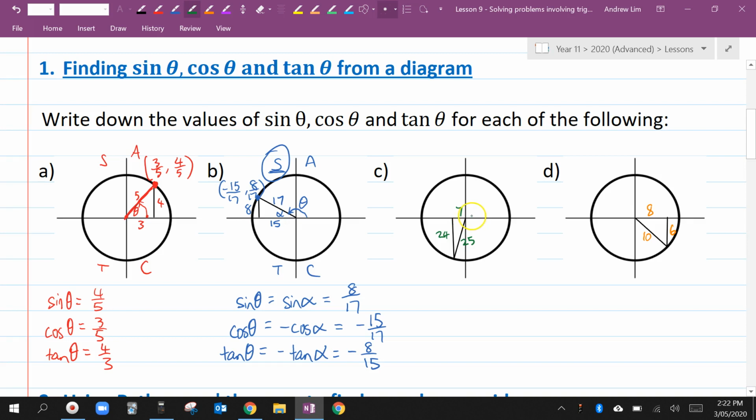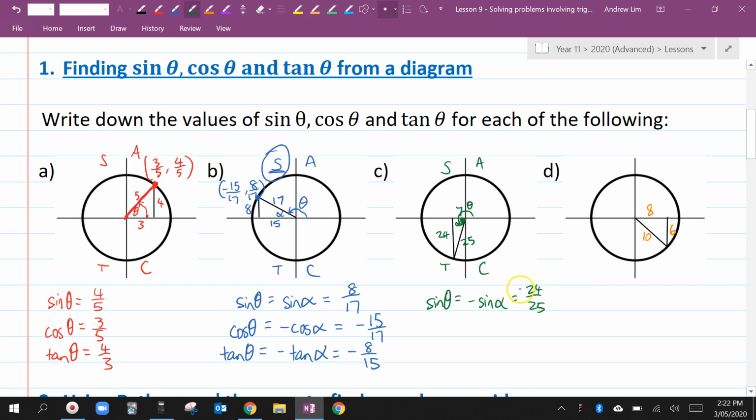Okay, so it's important to remember that this here is theta. So this little bit here, that's alpha. All stations to central. So sine of theta here is going to equal negative sine of the reference angle alpha. Sine of alpha is opposite over hypotenuse, 24/25.